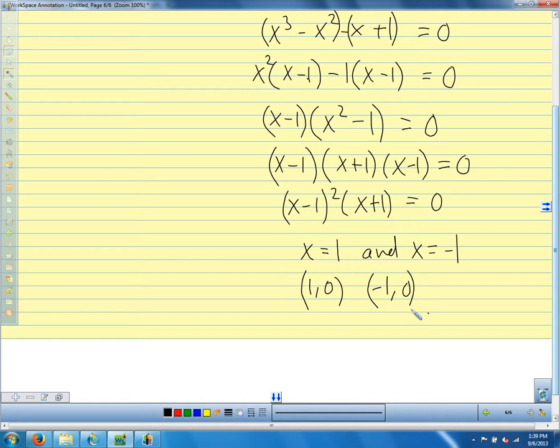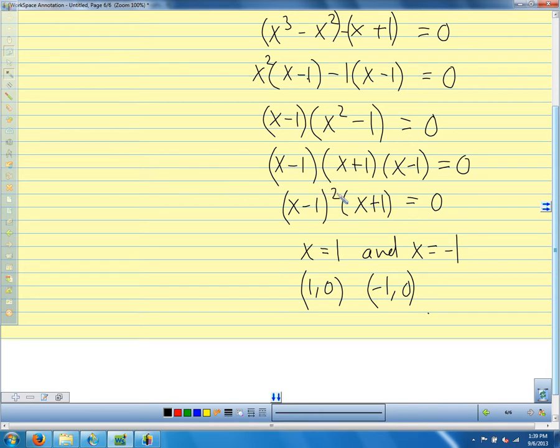Now there's one important thing that came out of this example. This x minus 1 is squared. We call that a repeated 0. So this x equals 1 is a repeated 0, and we say its multiplicity is 2.